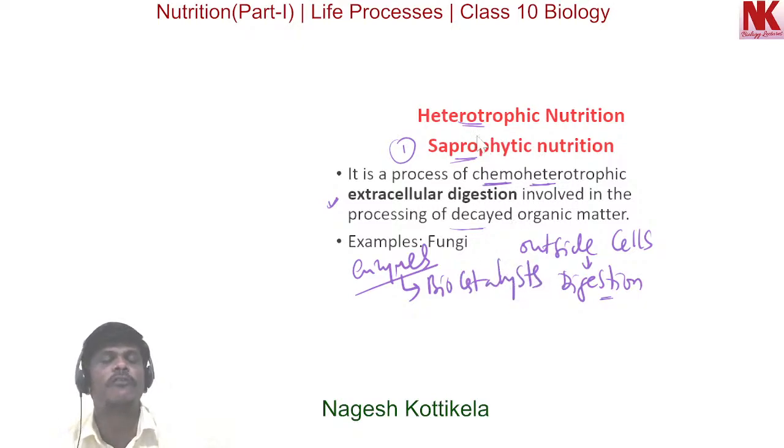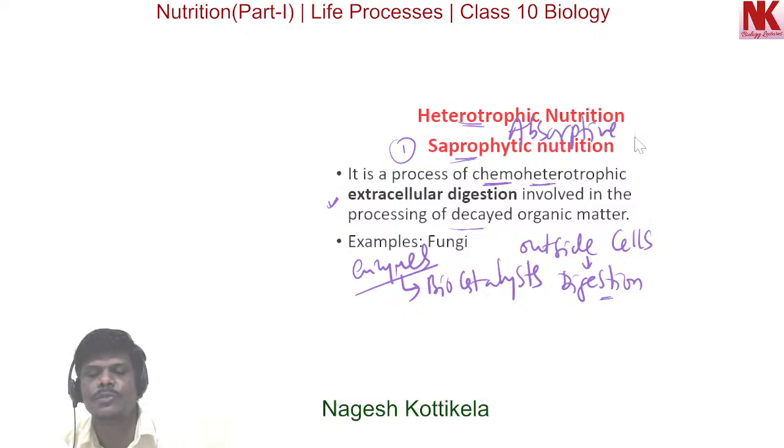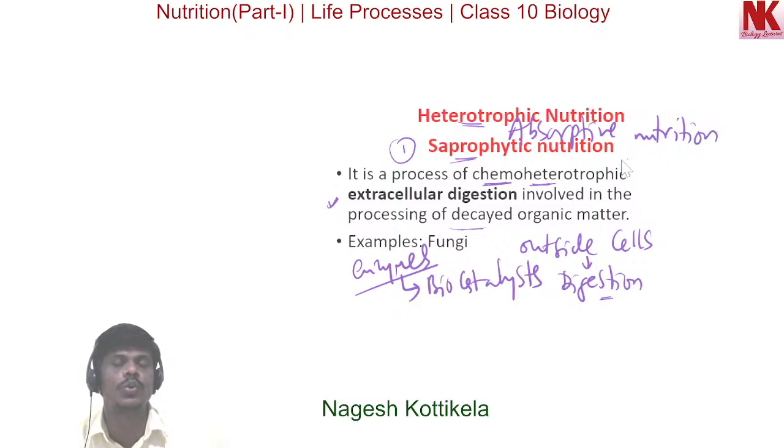The saprophytes release enzymes onto the decaying organic matter, the dead bodies of plants and animals. These enzymes break down the complex food materials into simpler ones. Then the simpler nutrients are absorbed by these organisms through their surface. This is also called absorptive nutrition, as the simpler nutrients are absorbed through the body surface.